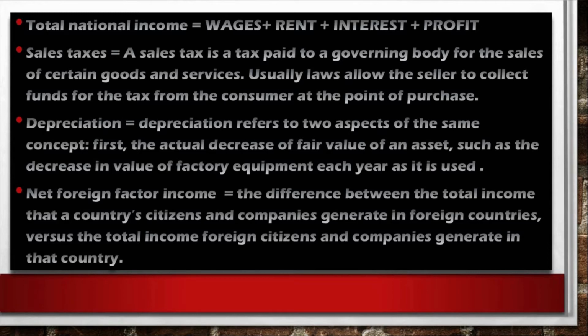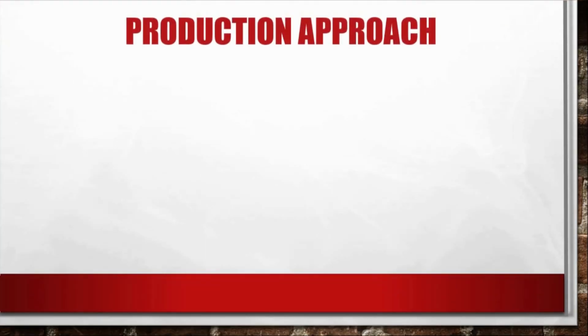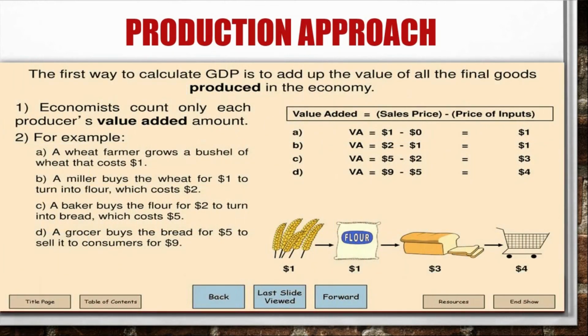The third way of estimating GDP is the production approach, that is the value of output or the value added approach. In the case of the value added approach, suppose an example. A wheat farmer grows a bushel of wheat at a cost of $1.